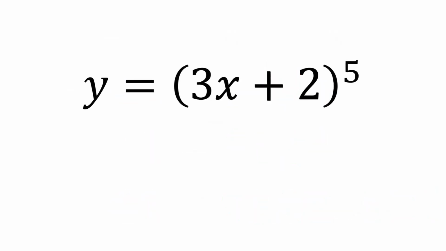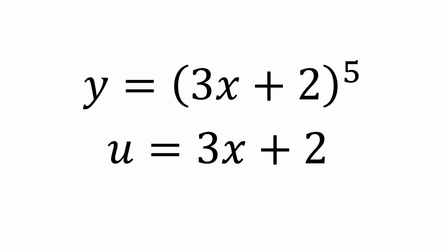So let us take this for example. When we are saying that u equals 3x plus 2, we are basically telling you, hey, you are a new function inside of a previous function, which is y, right? And your job is to connect x to y.